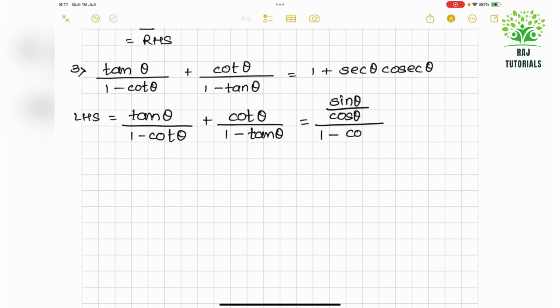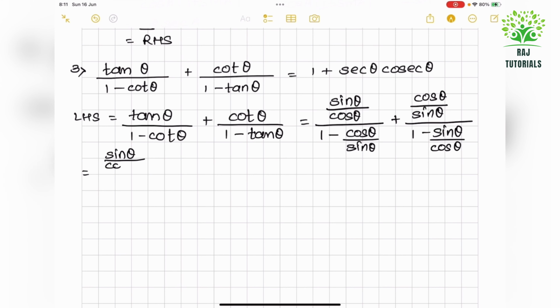So tan theta will be sin theta upon cos theta, whole upon 1 minus cot theta. So 1 minus cos theta upon sin theta plus cot theta, so cos theta upon sin theta, whole upon 1 minus sin theta upon cos theta.